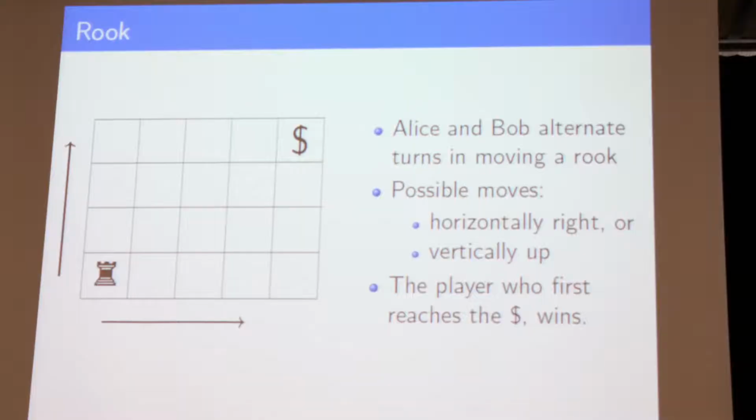Notice, if we look at the rules, that this is a perfect information game. There are no cards hidden, there is no throwing of dice, and both players know everything about the game. Also, there can never be a draw. One of them, sooner or later, will hit the cash.